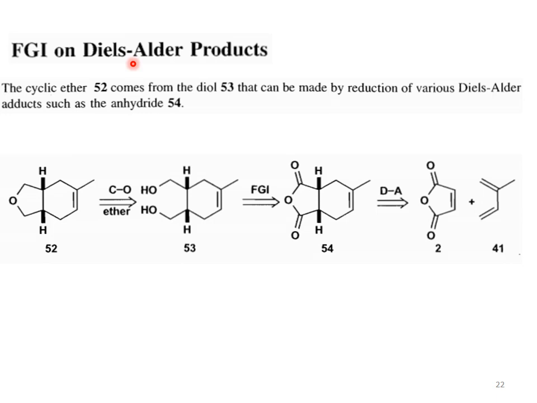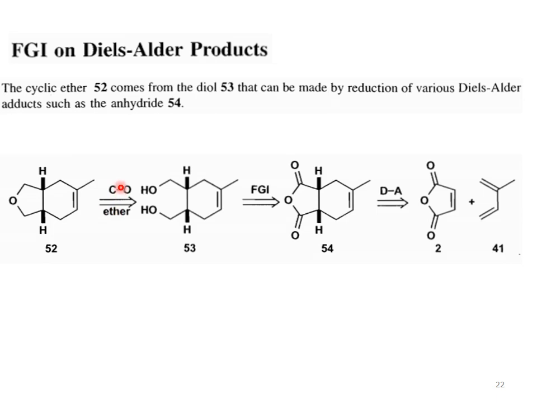So disconnect it. Do a retro Diels-Alder reaction, then start drawing arrows from the pi bond. This one will move over here, this one over here, and this one over here. Then we have component 2, that's maleic anhydride, and component 41, that is a diene, a cis diene.